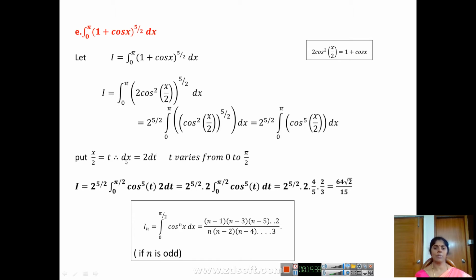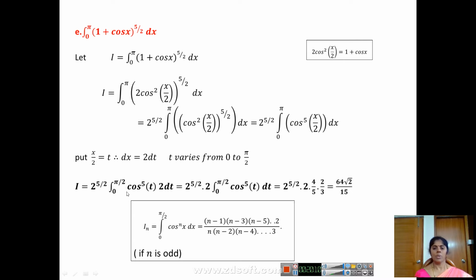Therefore dx equals 2 times dt. Here x varies from 0 to pi, so t varies from 0 to pi by 2 because t equals x by 2. Applying these limits, we get I equals 2 to the power 5 by 2 times the integral 0 to pi by 2 of cos to the power 5 of t into 2 into dt.